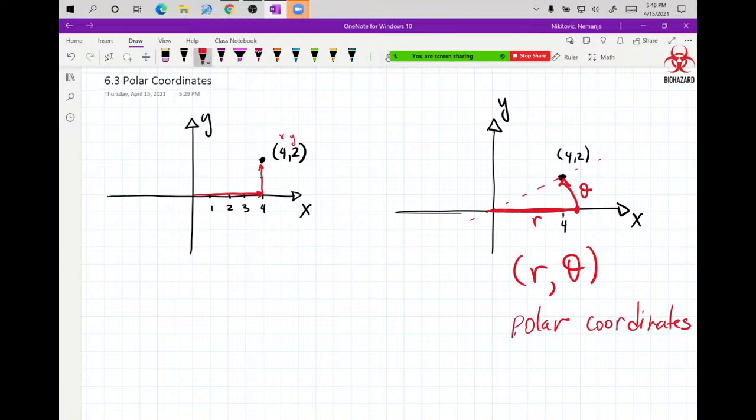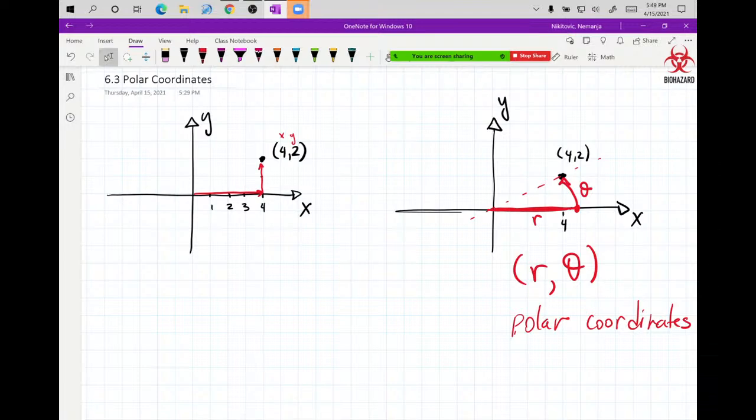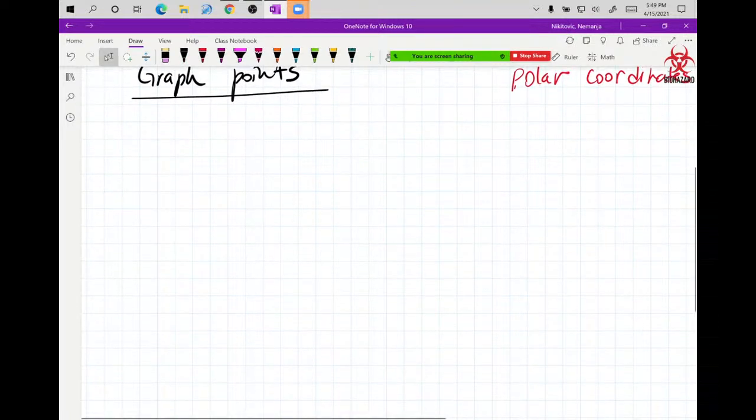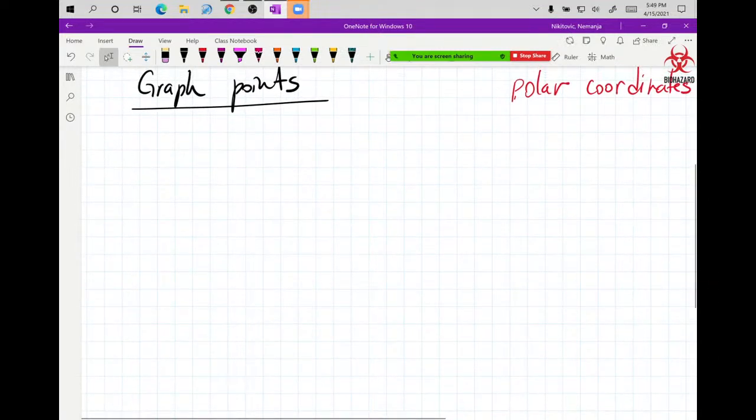But let's build up to that point. So let's just graph some points first, and then we'll deal with why we would need polar coordinates and all that good stuff.